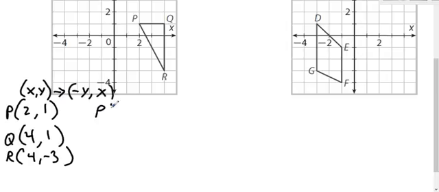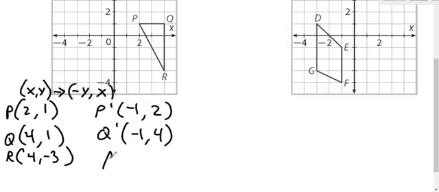So that means P prime is -1, 2. Q prime is -1, 4. And then R prime is +3, 4.